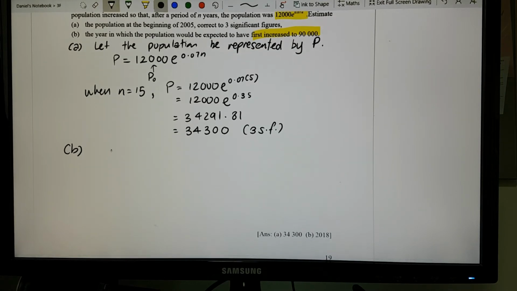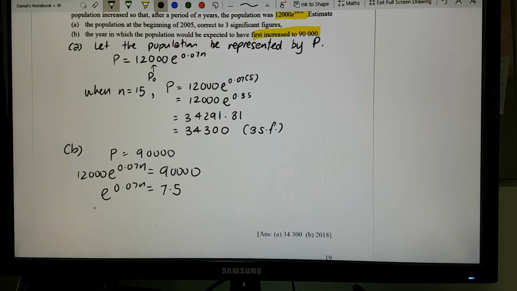I want P to be at least 90,000. Therefore, P is actually 12,000 e to the power of 0.07n, equals 90,000. So I'll divide both sides by 12,000. 90,000 divided by 12,000 is 7.5.